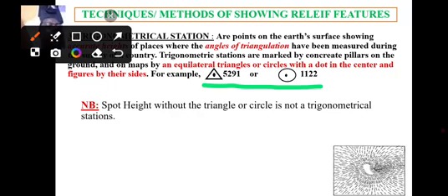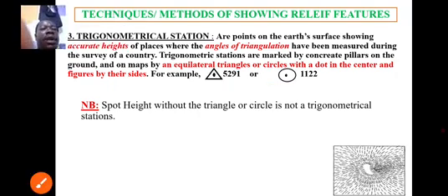Now, when you have a dot with a number beside it, and it's not in a circle, it is no more a trigonometrical station, but rather it becomes what is called a spot height. So take note: the spot height has the dot with a number beside it, but the moment they put the dot in a circle or in a triangle, then it becomes a trigonometrical station. You should take note of that. You don't have to forget that.